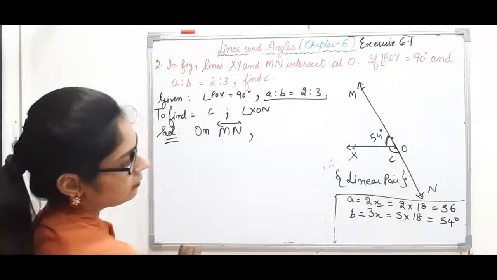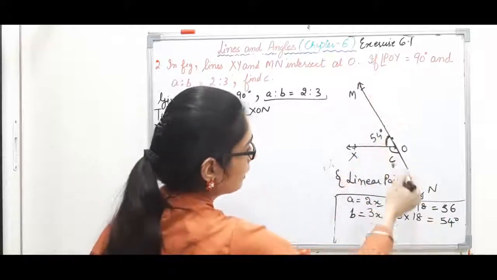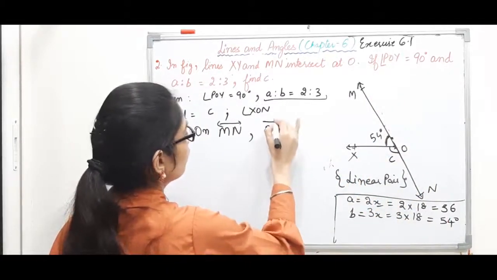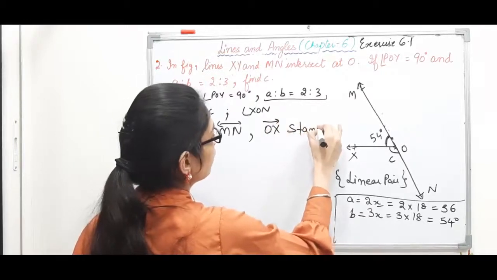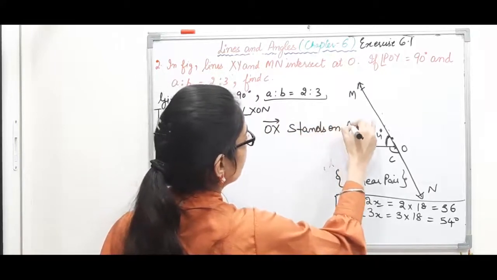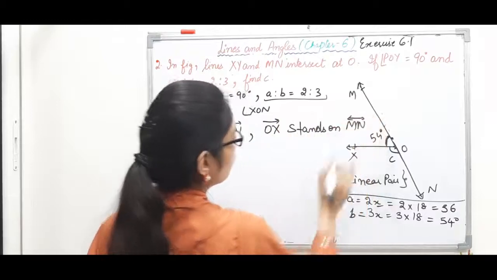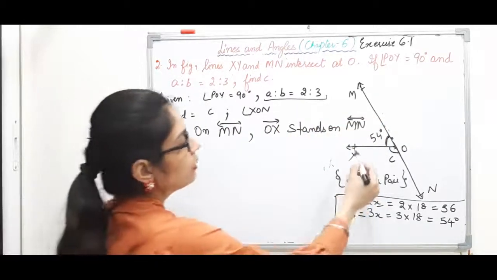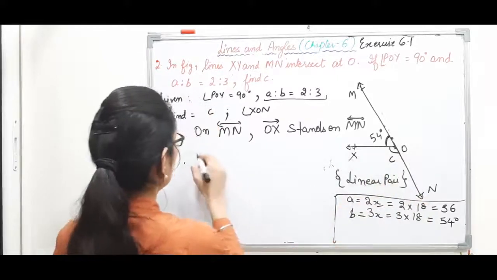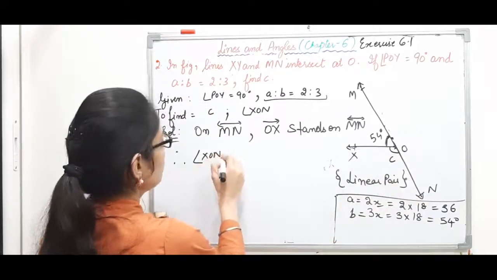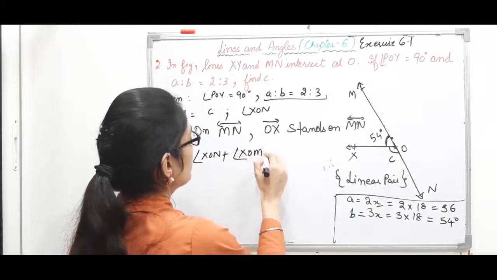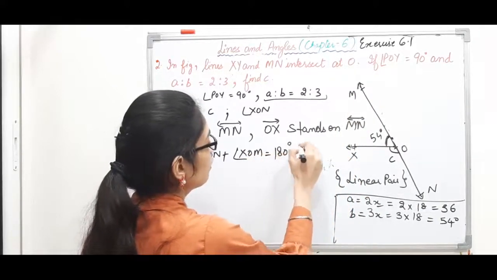So if you take this line, you can see MN is a straight line, and OX is the ray. OX stands on MN. Okay, due to which you can write, therefore, angle XON plus angle XOM is equal to 180 degrees.